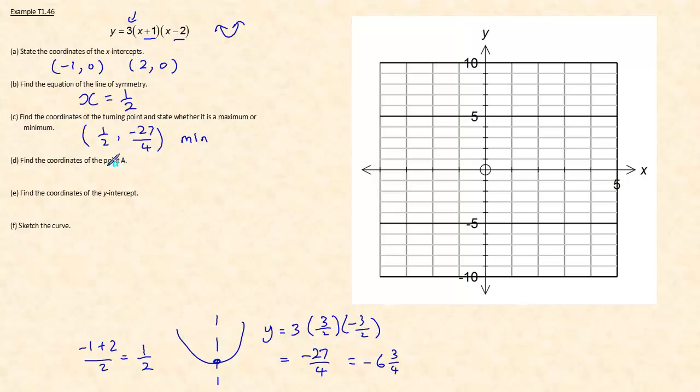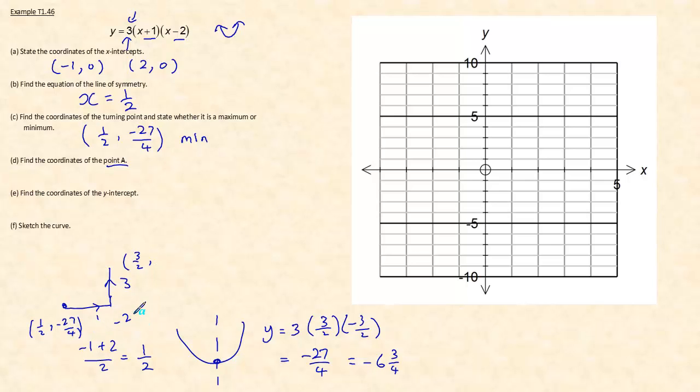Now for the point we're calling A, we'll start at the minimum point here, which we know is at (a half, -27 over 4). If we go 1 unit to the right, this tells us we need to go 3 units up. So that's going to be a half add 1, which is 3 over 2, or 1.5.